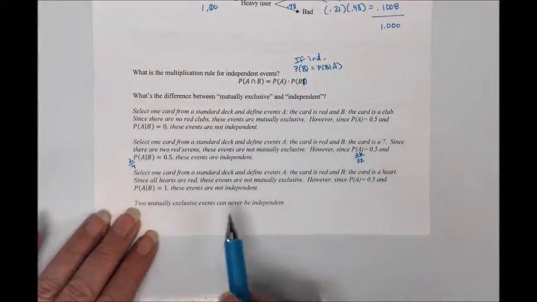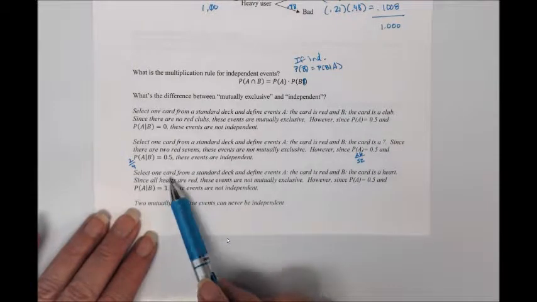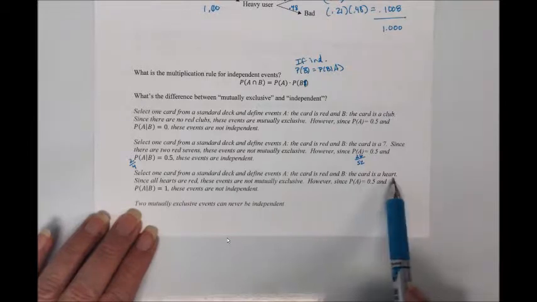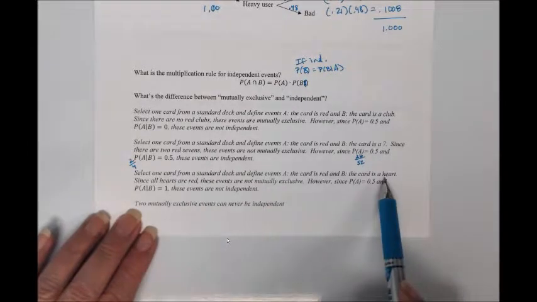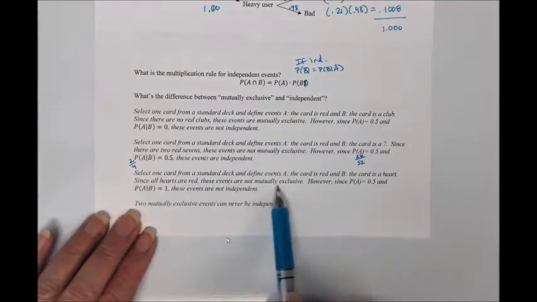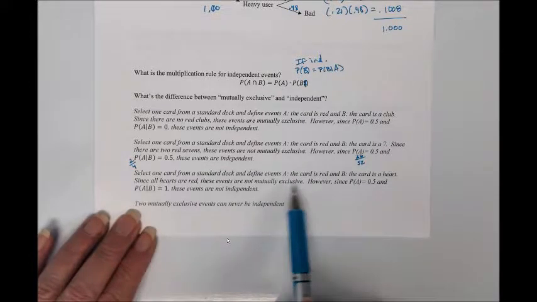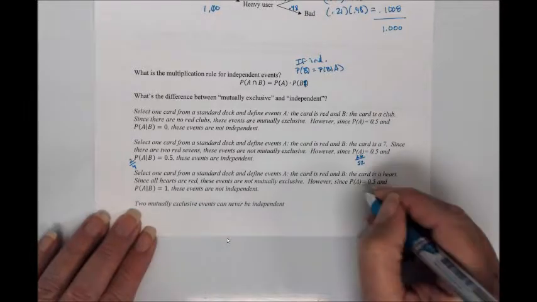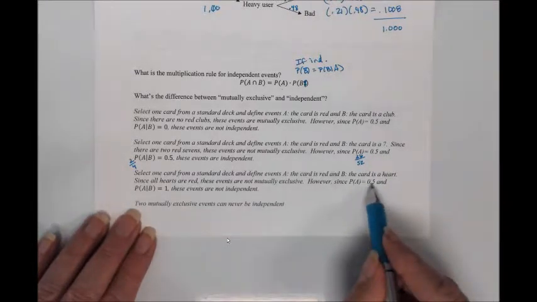And then a third scenario, select one card. A, card is red. B, the card is a heart. All hearts are red. So since all hearts are red, they're not mutually exclusive because it's going to be red and a heart at the same time. The probability that it's red, again, is 26 out of 52, so it's 1/2.